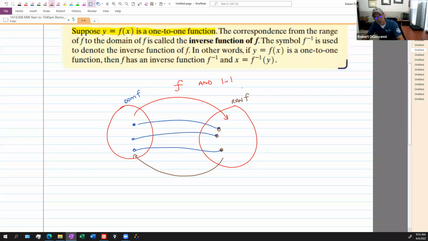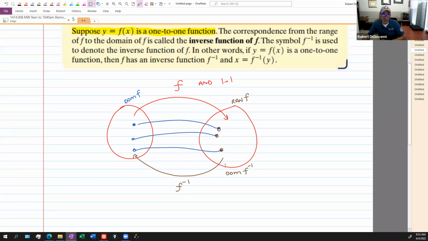I use ran f to denote the range of f. So there's a correspondence that goes from the domain of f over to the range, right? That's the function f. It takes things from left to right. If it's a one-to-one function, there must be some inverse function, which we denote with f with a -1, that will take you from the range of f back to the domain of f. So this actually would be called the domain of the inverse function, right?